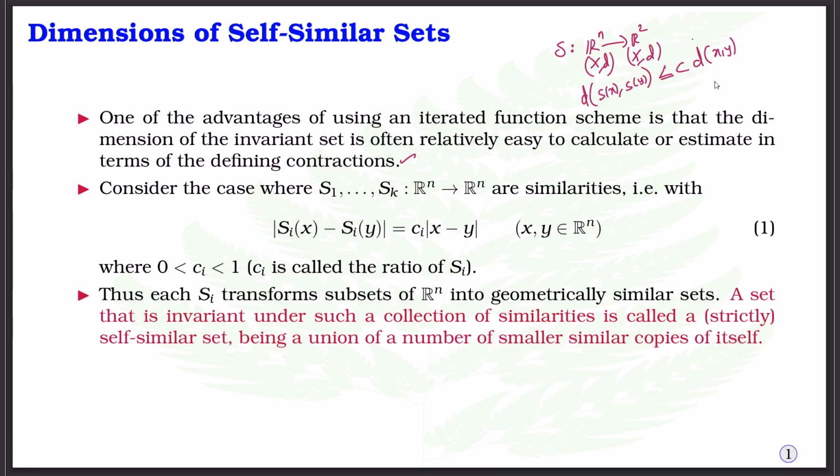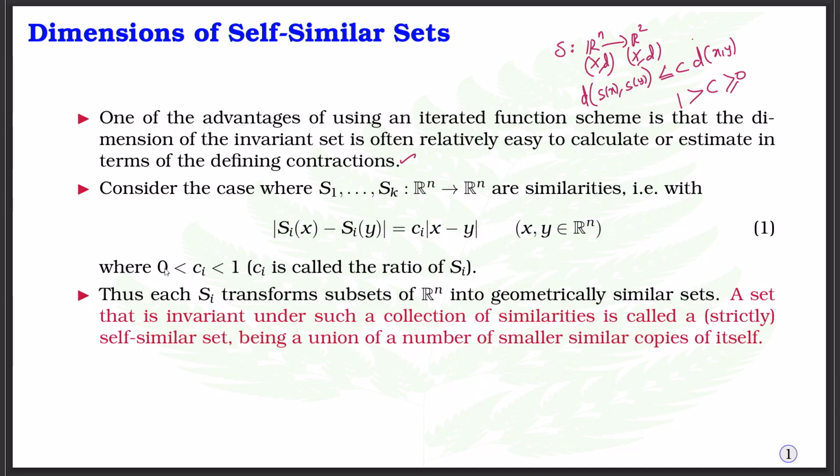If c is greater than 0, then we call it a Lipschitz function. In particular, if c is greater than or equal to 0 and strictly less than 1, we can call this a contraction mapping. If c is equal to 0, the function becomes a constant mapping, so we remove the 0 and take c less than 1, that means not a constant function.